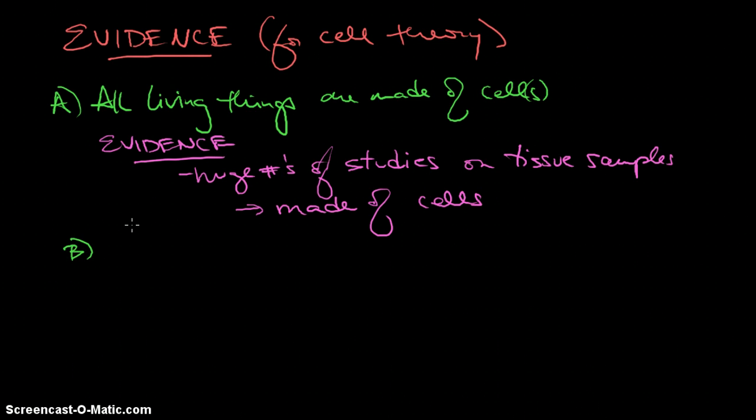The next claim of the cell theory, the next tenet, is that the cell is the smallest unit of life.